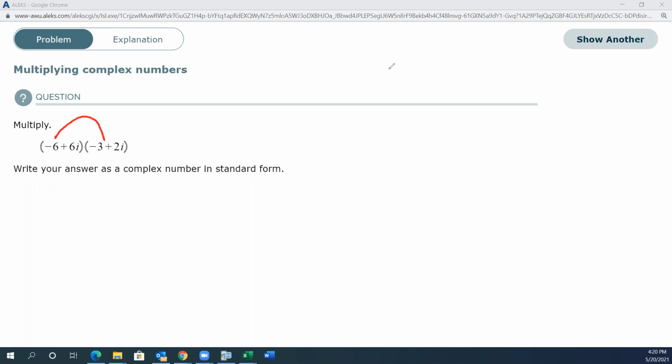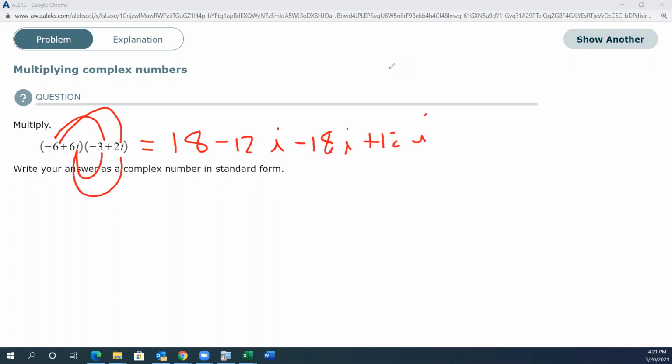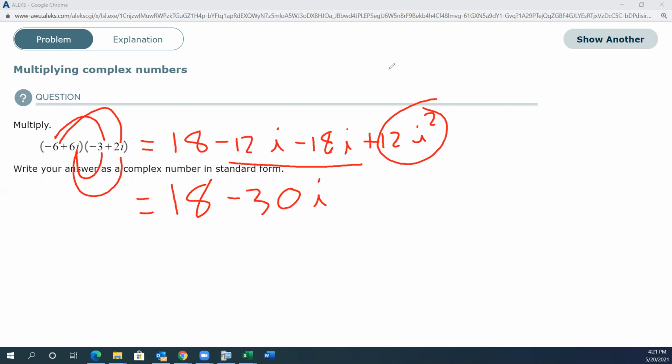So that gives us 18, and that gives us minus 12i, then minus 18i, and then plus 12i squared. So minus 12i minus 18i is minus 30i. And 12 times negative 1 is minus 12. And 18 minus 12 is 6.